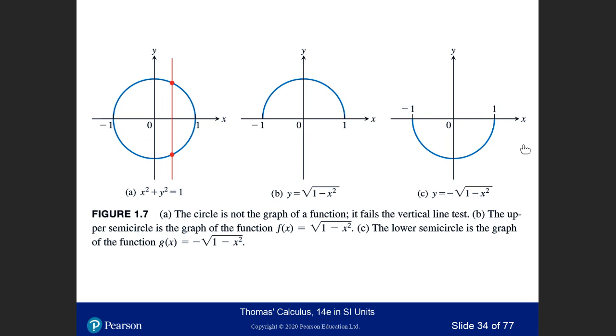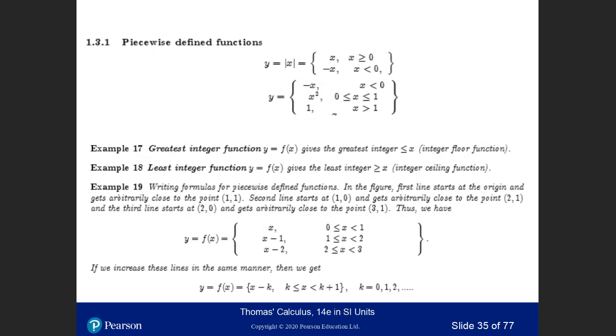Okay, let's continue with functions and graphs. Sometimes you can define functions in a piecewise manner. For instance, y is equal to absolute value of x. And that's a piecewise defined function by the definition of the absolute value.